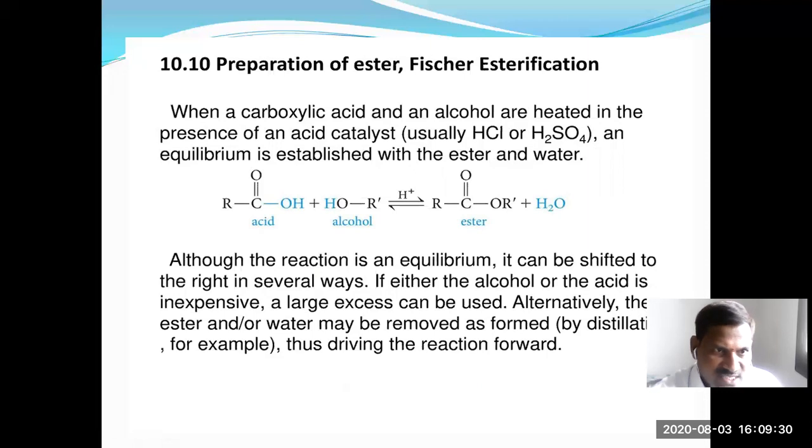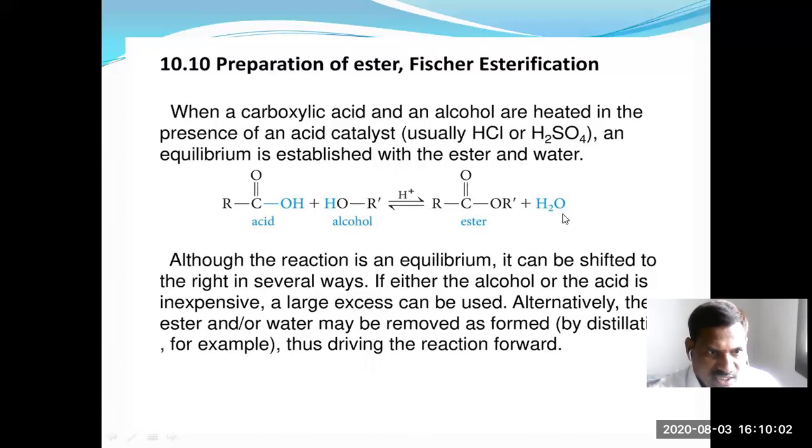Preparation of esters: the Fischer esterification method. In the Fischer esterification method, carboxylic acids react with alcohols in the presence of an acidic catalyst to give an ester, with loss of a water molecule.